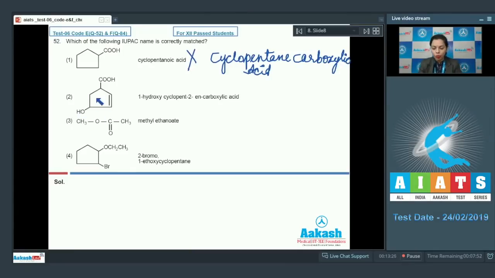Further, the second compound we have, in this compound you can clearly see that a carboxylic group is there as a substituent and a hydroxy group is also there. Here's the name that's given, 1-hydroxy cyclopent-2-ene carboxylic acid. Let's provide the numbers to the substituents present here. In this case, the numbering would be in this way.